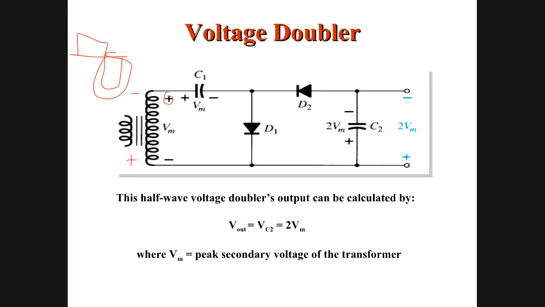In that case, you see this diode's P is getting the opposite voltage, so it is reverse biased, or an open circuit. As far as this other diode is concerned, this is N and this is negative, so your diode D2 will be forward biased. Now think about this bigger loop.